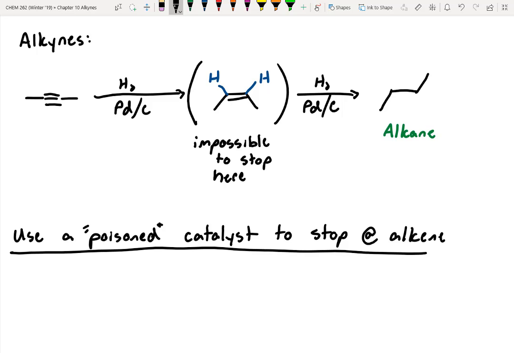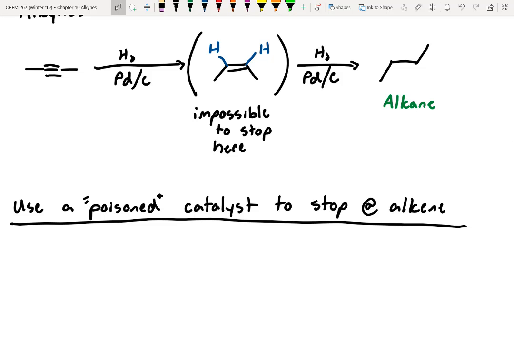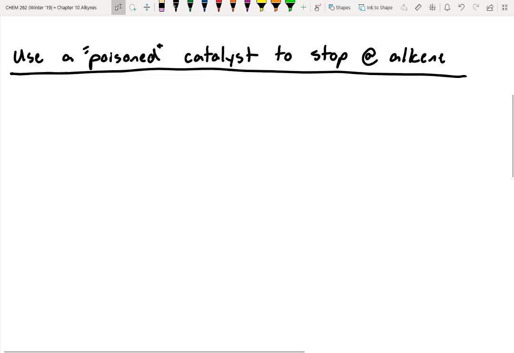Basically you're going to hinder the catalyst so that it can't do that second hydrogenation and get you to your alkane. And our goal is to stop at that intermediate alkene.